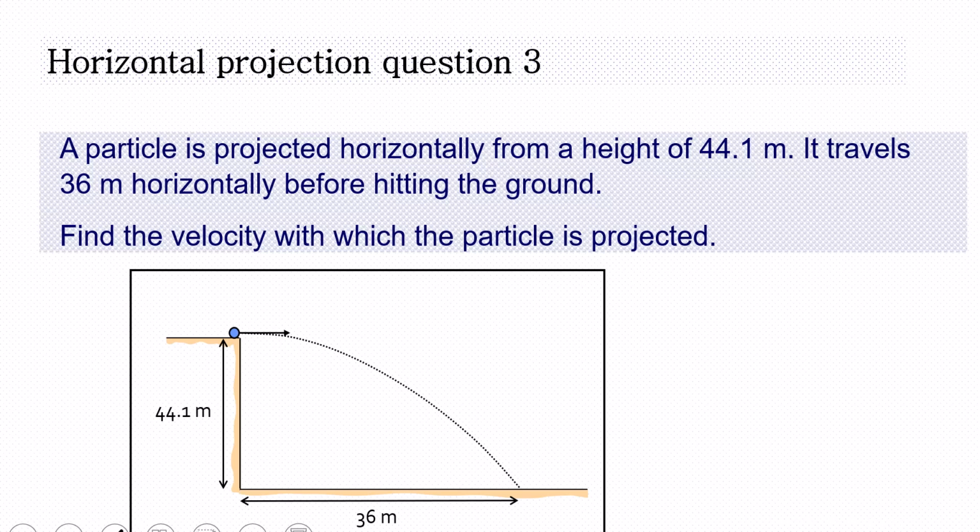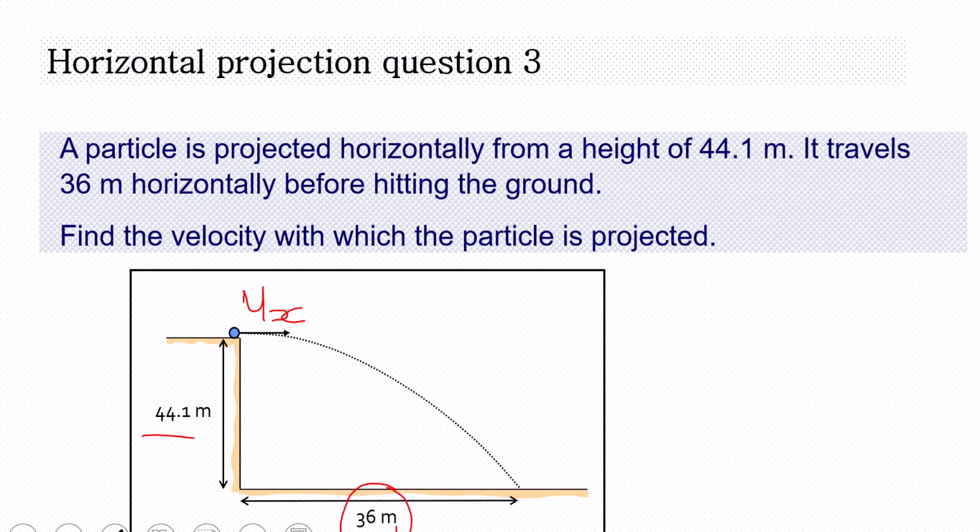So in here, they have denied us the u. So we are going to look for the initial velocity, and that is in the x, because we said in y it is always 0. And that's all. So we do the same, we summarize our information. We have the vertical height as 44.1 and the horizontal distance as 36 meters.